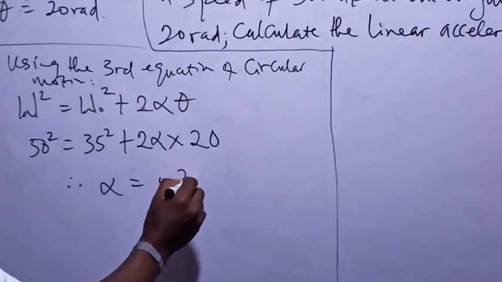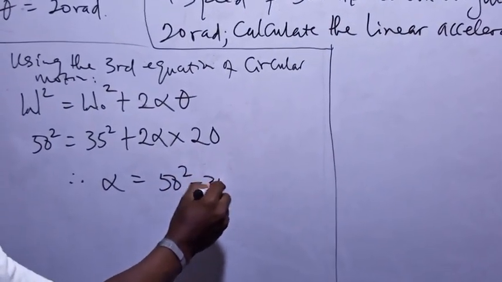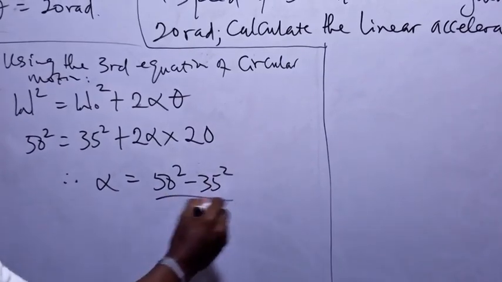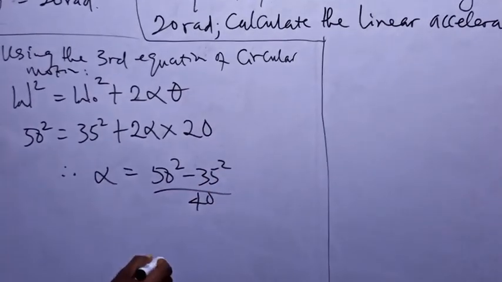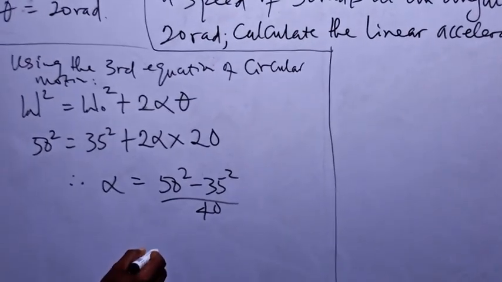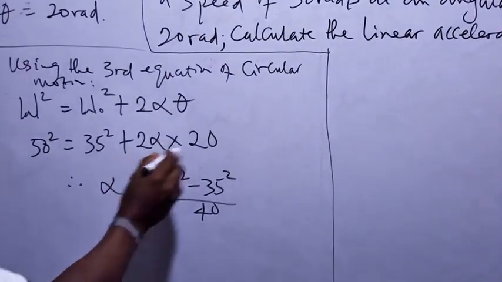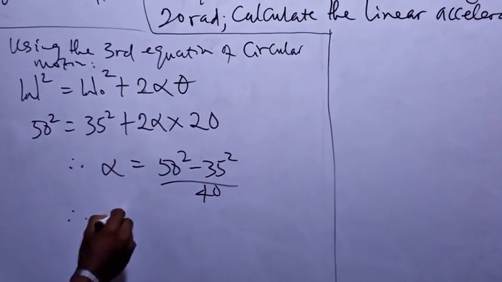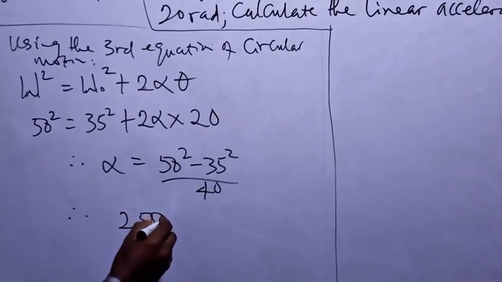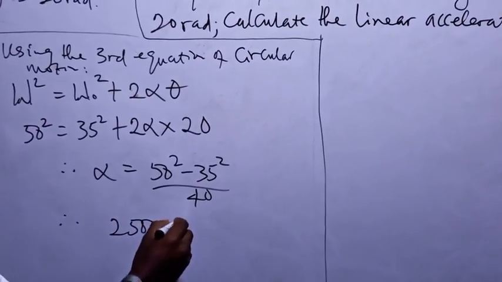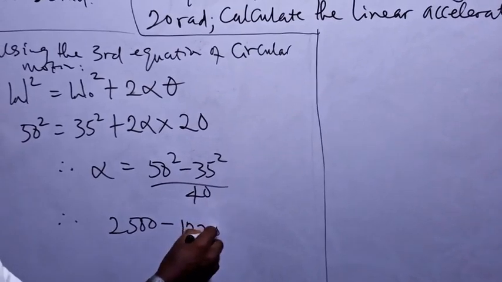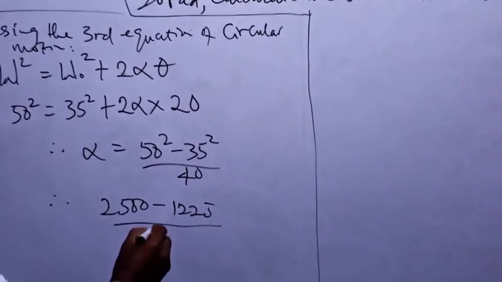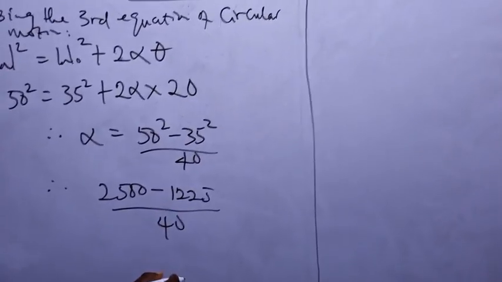50² minus 35² over 40, because this will multiply this to give you 40. Therefore, this will be 2,500 minus 1,225 over 40.